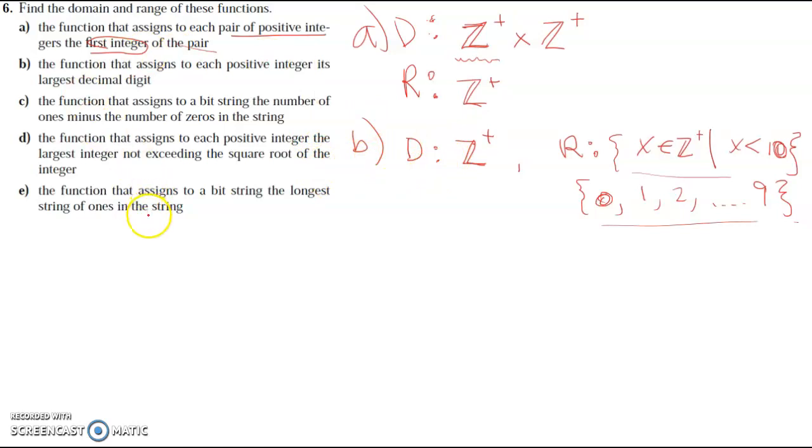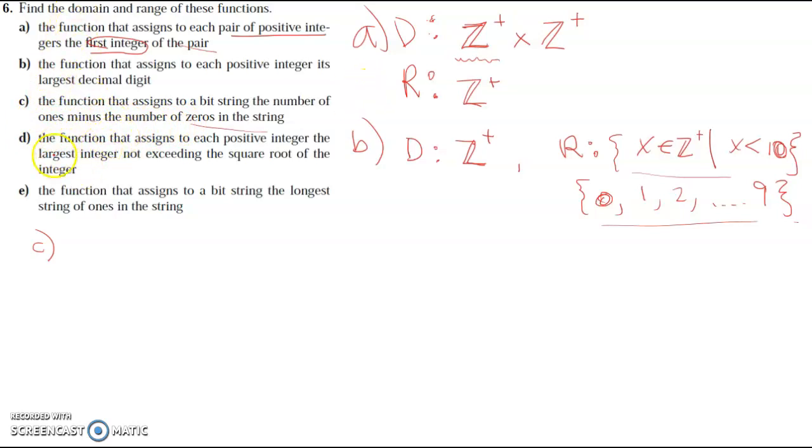Part C is particular to those students who are studying computer science. The function assigns to a bit string the number of 1s minus the number of 0s in the string. I took this question out of number 7, in case you're not familiar with computer science and might not be able to get to this question.